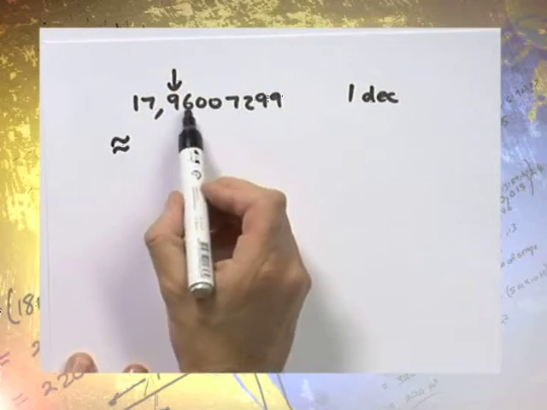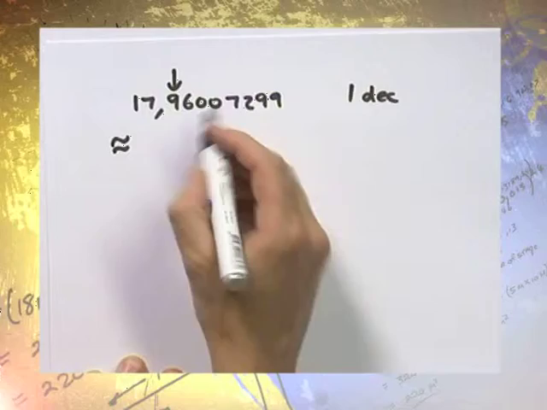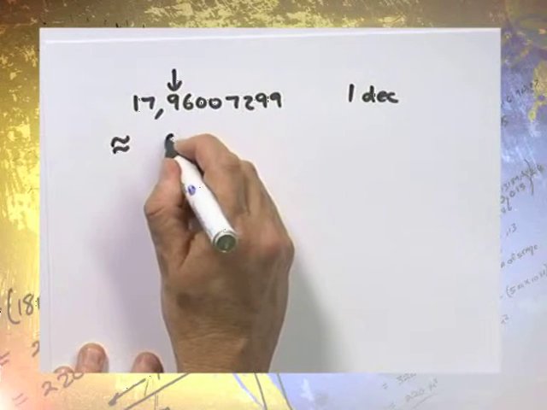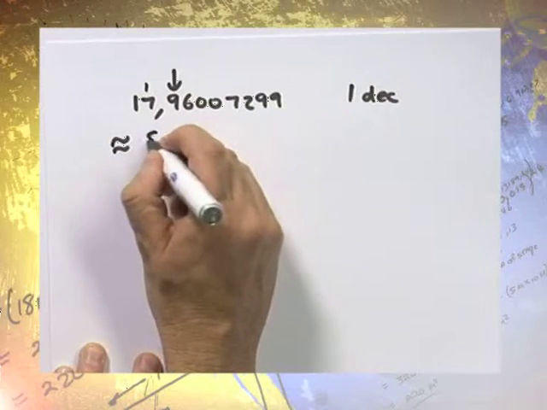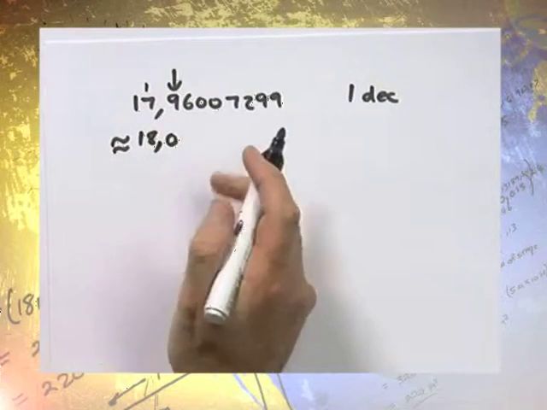What's going to happen now is that we look to the right and see 6. The 6 affects the 9, but the 9 now is going to become 10, which has a ripple effect. The 9 becomes 0 because it's 10, and we give a 1 to the 7. So 7 plus 1 is 8. So it goes to 18,0. So 17,96 goes to 18 with 1 decimal. Very important to write the 18,0.